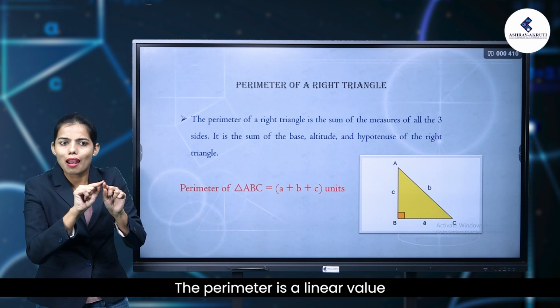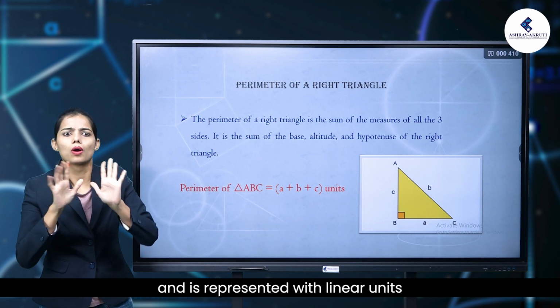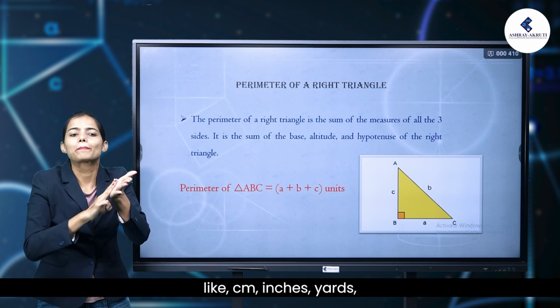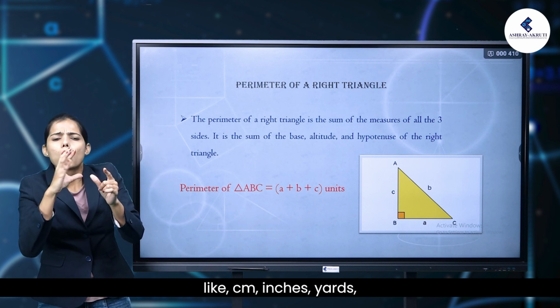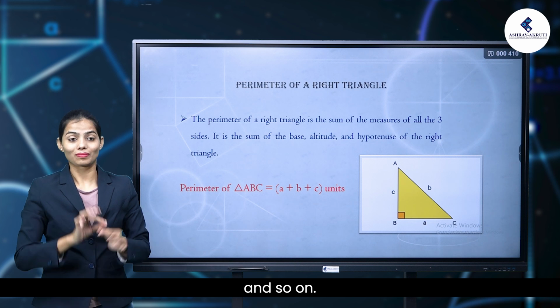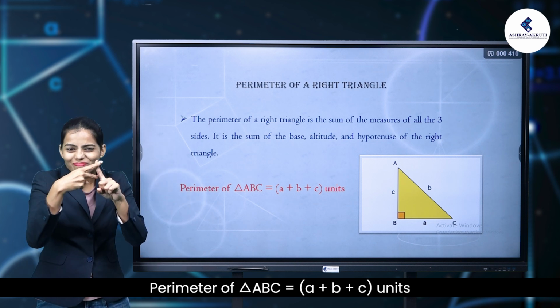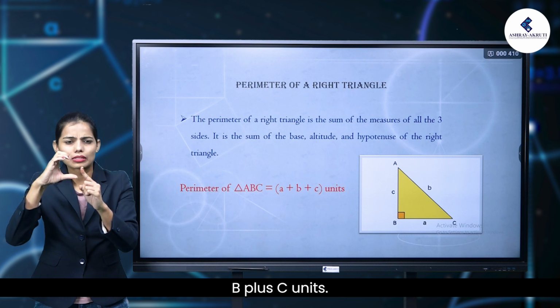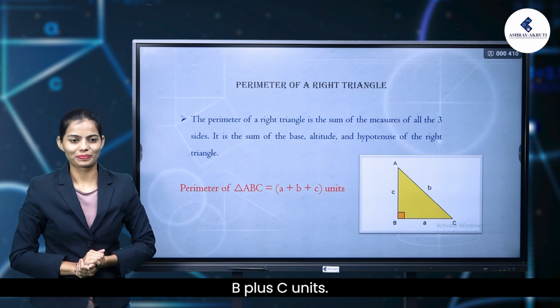The perimeter is a linear value and is represented with linear units like centimeter, inches, yards, and so on. Perimeter of a triangle ABC is equal to a plus b plus c units.